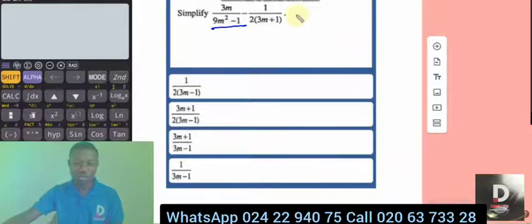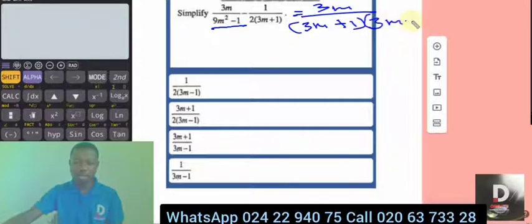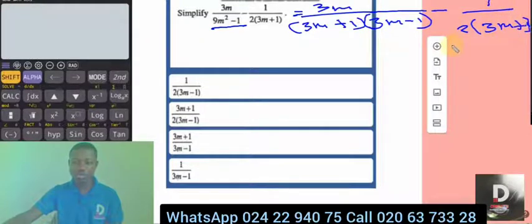So this is equal to, I'm continuing straight away, 3m over 3m plus 1 into 3m minus 1. You know that. Good. So minus, then we have 1 over 2 into bracket 3m plus 1. So these are the two terms you have.